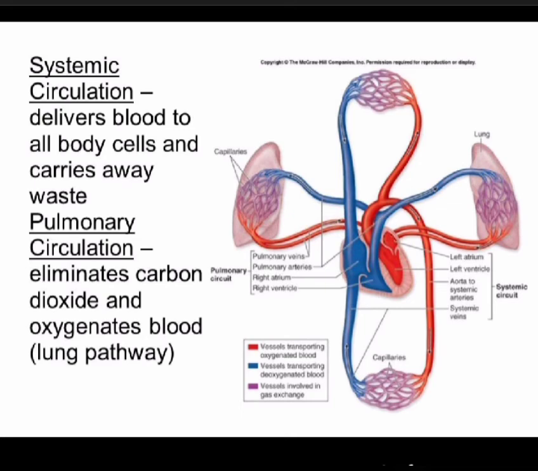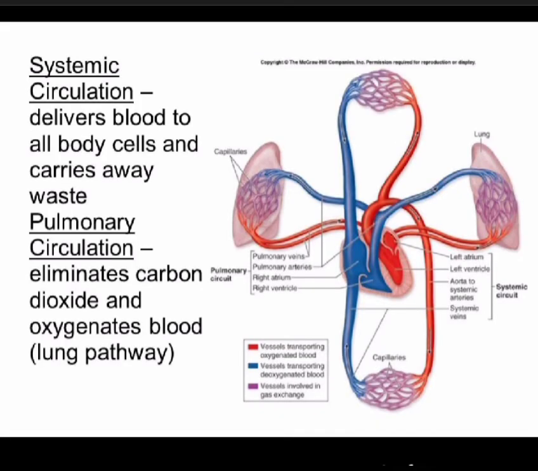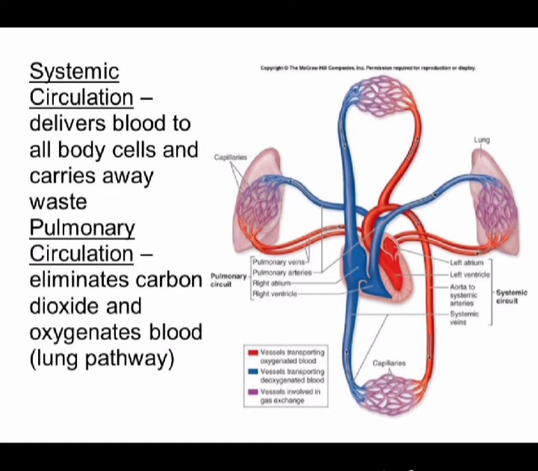Now this is an image showing the systemic flow of blood. Diagram showing the systemic circulation of blood to the various parts of the body. So the systemic circulation delivers blood to all body cells, and then it carries away waste.